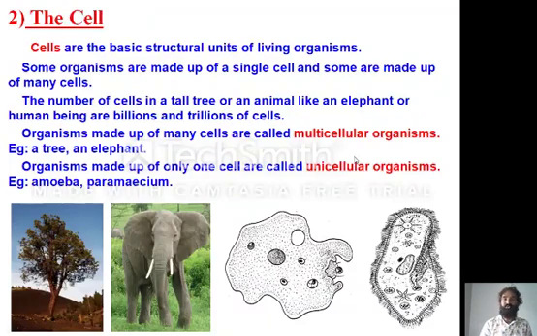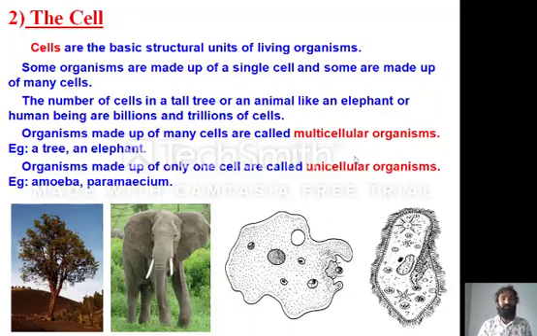As I told you, cells are the basic structural and functional unit of all living organisms. Without cells, there is no structure of any organism, and without cells no life processes are carried out. That's why cells are called the basic structural and functional units of all living organisms.